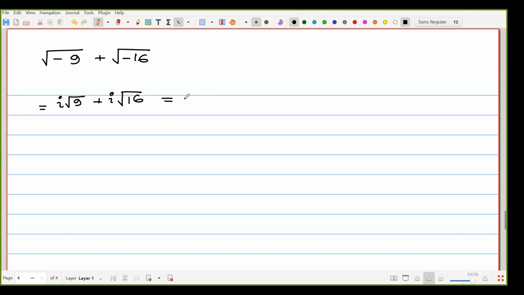So that one is 3i plus 4i. Now that can be added: 3 plus 4, into i. That means 7i, as that is the case of multiplication. So when we write ai, that also means a into i. There would be no problem.